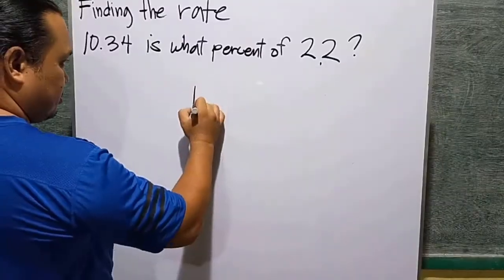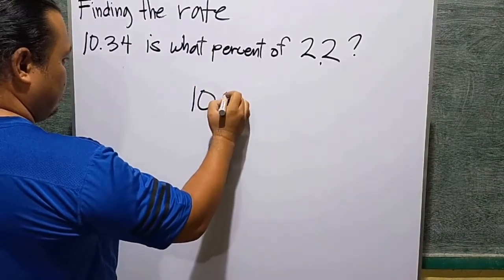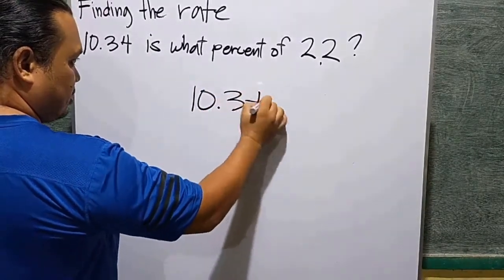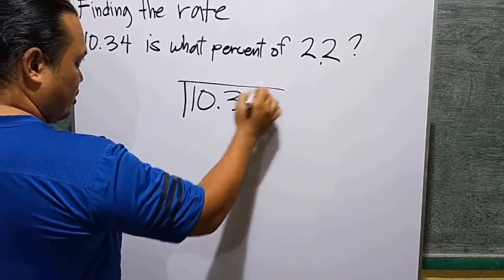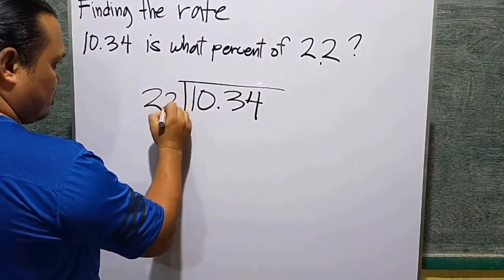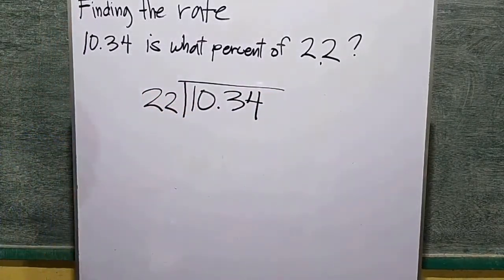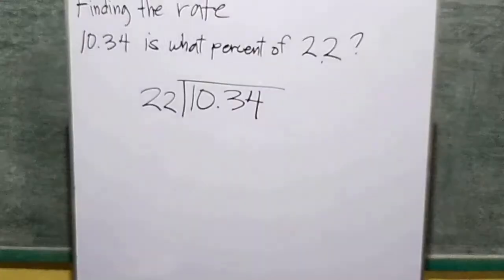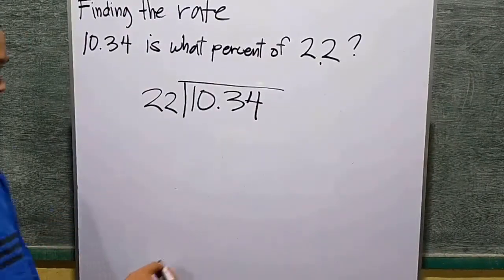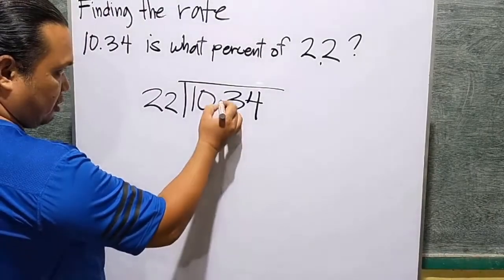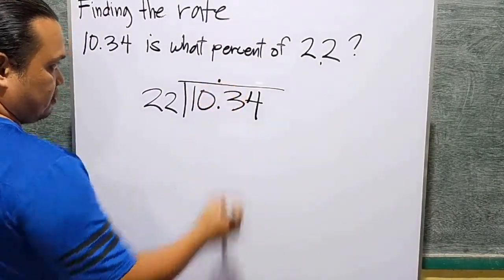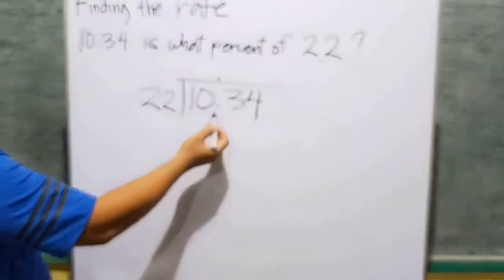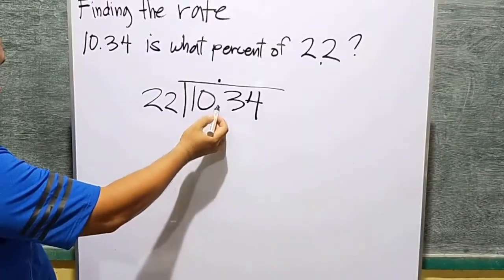Now let's do that. 10.34 is our dividend, and 22 is our divisor. We are now dividing decimal numbers. To divide, the first thing to do is to put a decimal point for our answer above, aligned with the decimal point here.